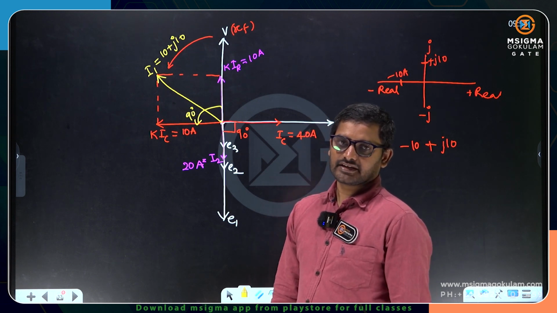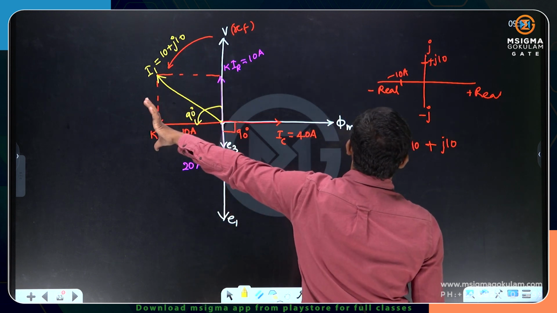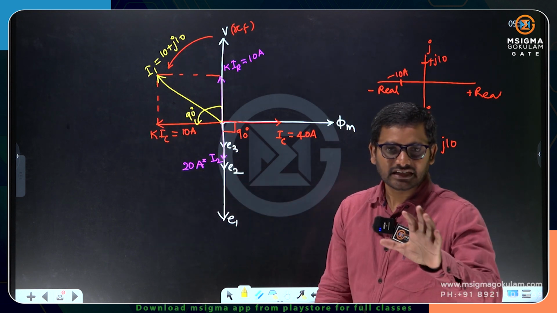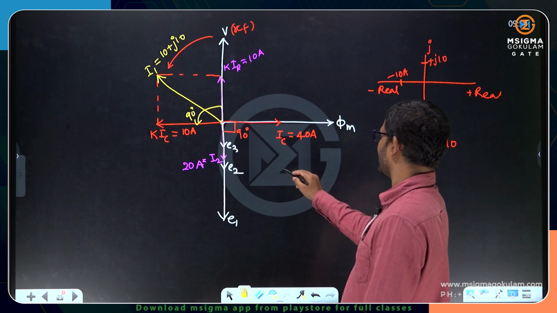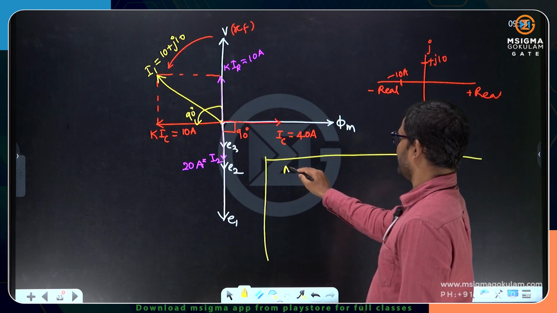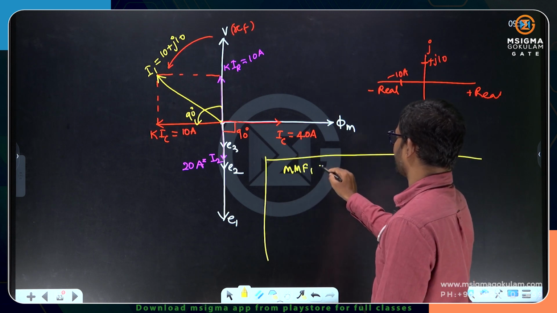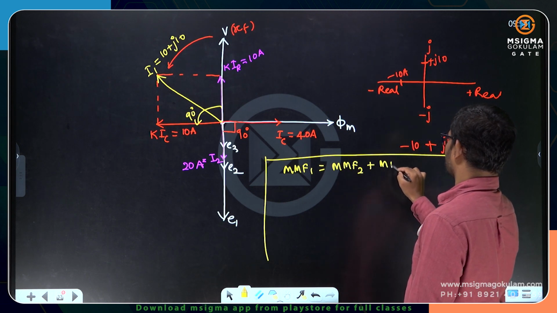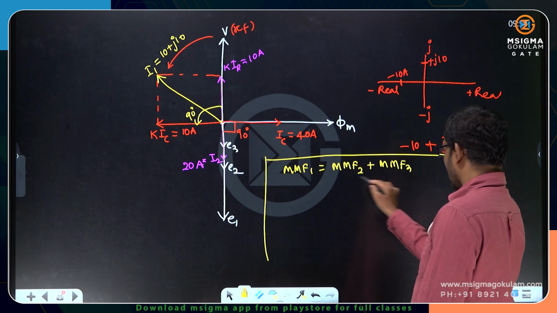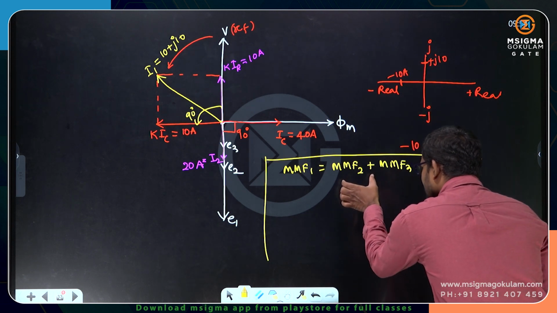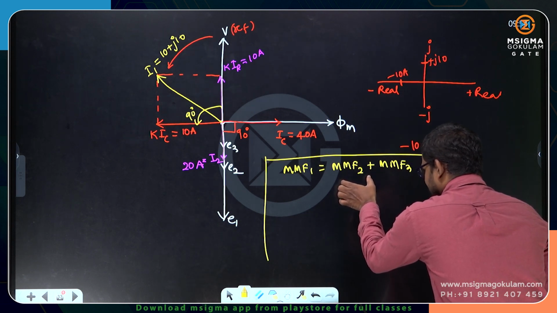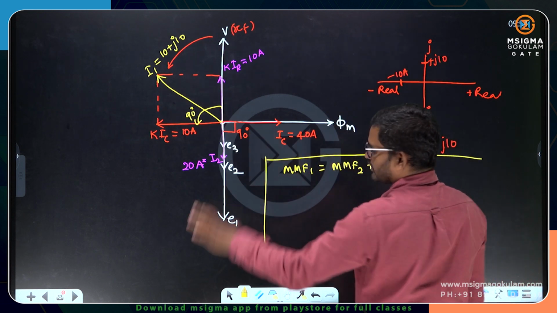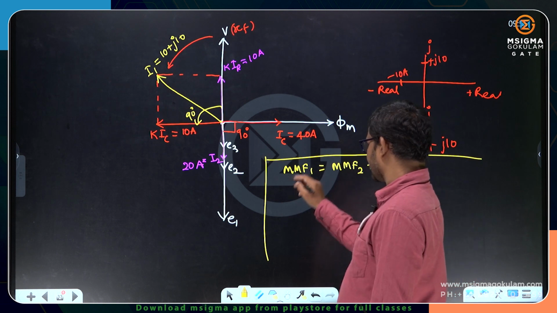Alright. Instead of drawing the phasor diagram, you can simply write the magnetomotive force balance, the MMF balance. The MMF produced on the secondary winding and the MMF produced on the third winding, these are loads, must be equal to the MMF produced on the primary. So what can I write here?